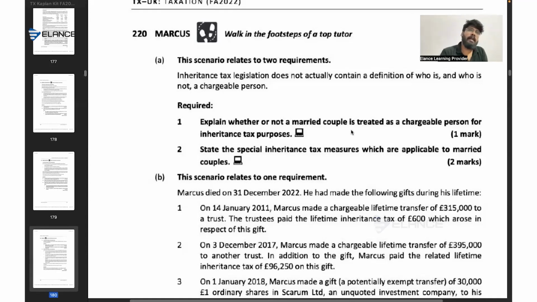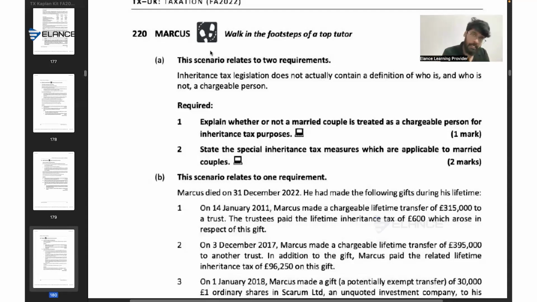Every transfer between husband and wife is exempted.